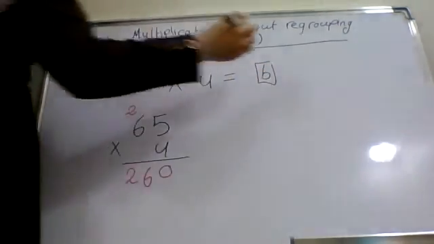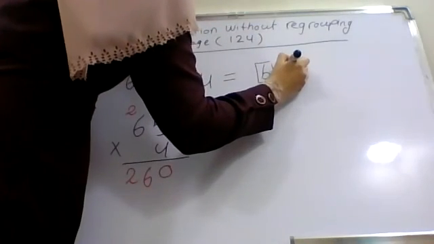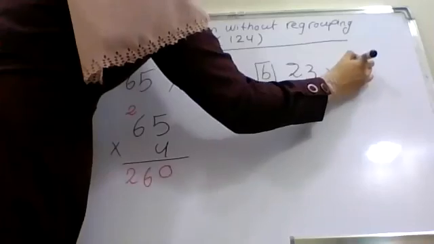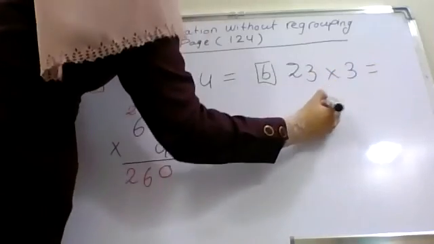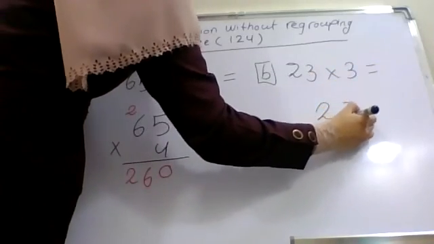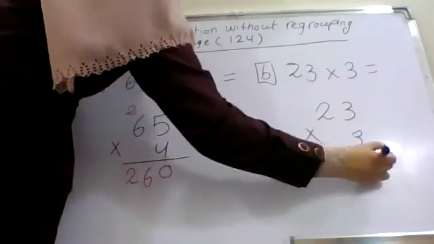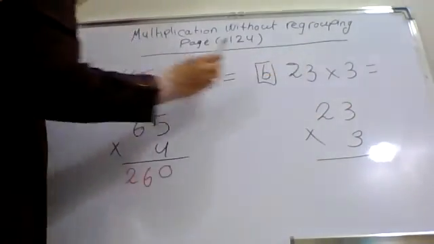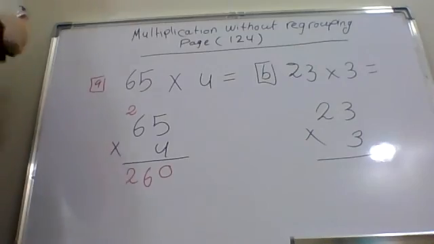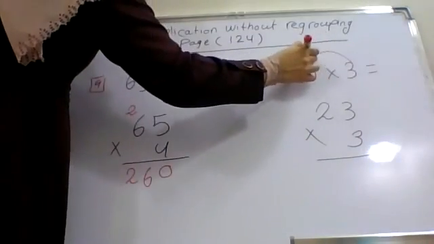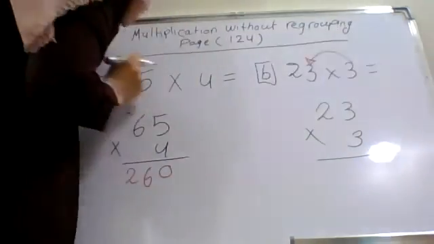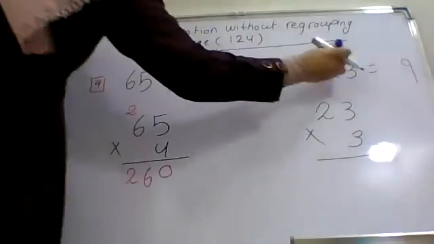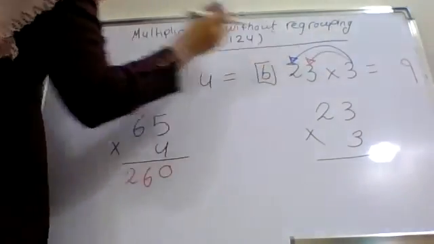I will do 23 times 3, okay? 23 times 3, and we multiply them. You can multiply them directly. 3 times 3, and you write it in the ones place, which is 9, and then you multiply 3 times 2, which is 6.